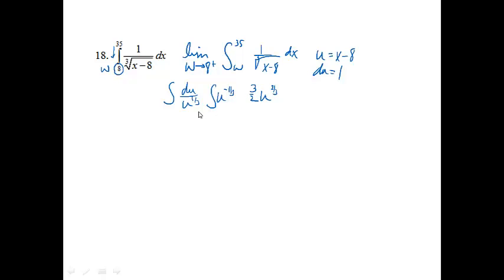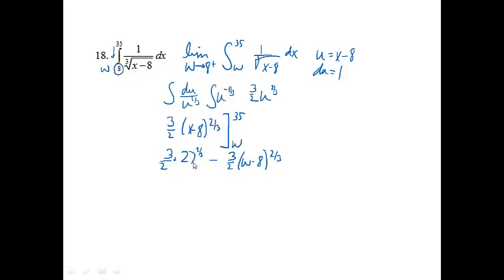So this will give me 3/2 times x minus 8 to the 2/3, and then I get to evaluate it at 35 and w. When I plug 35 in, I'll get 3/2 times 35 minus 8 is 27, so I have 27 to the 2/3, and then minus 3/2 times w minus 8 to the 2/3.